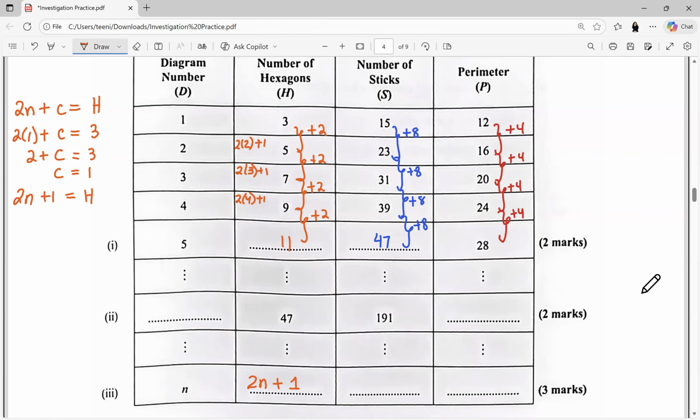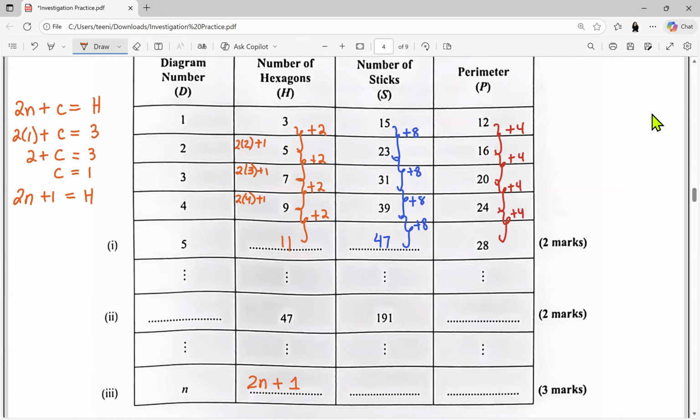So Isabel, are you there? Yes, Miss. What about if the diagram number n was 50, how many hexagons would I have? Isabel, do you know?